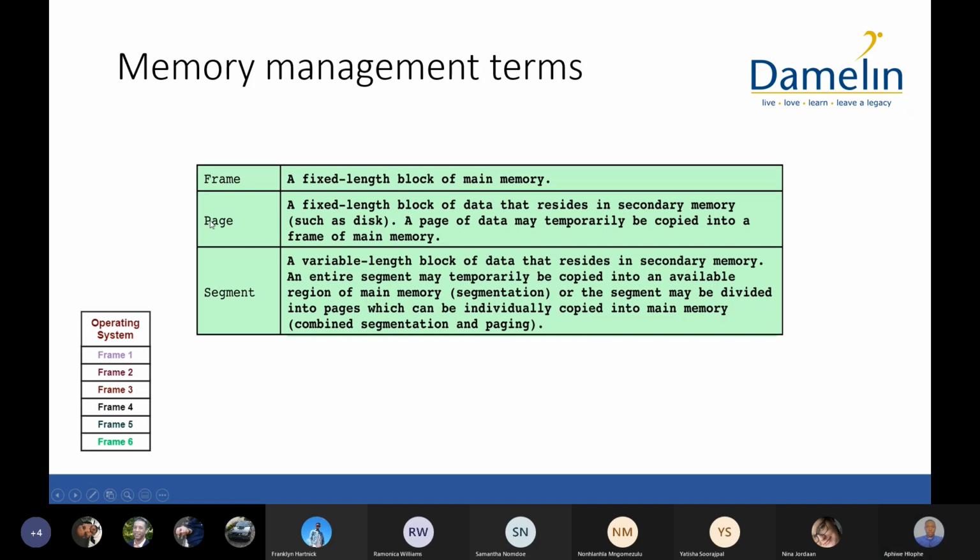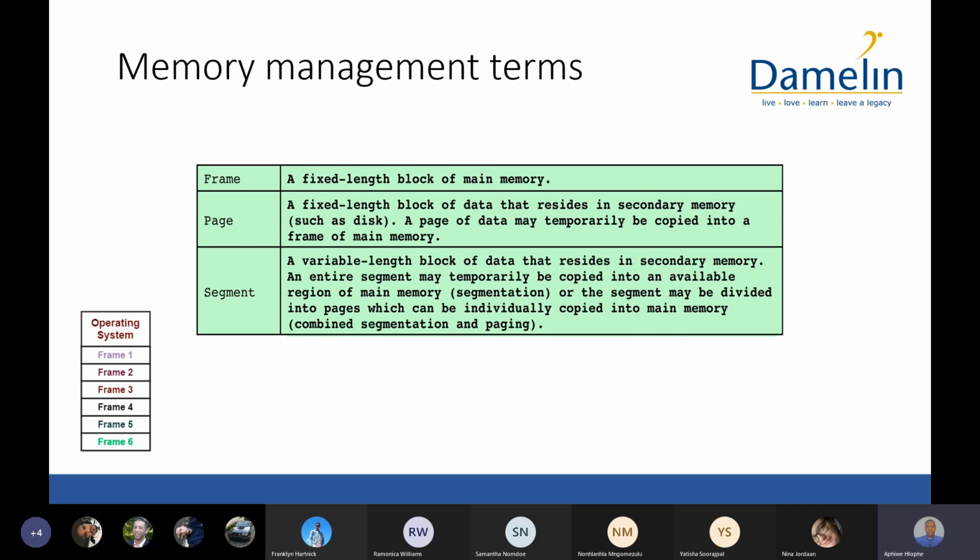And then when it comes to pages, what are pages? Pages are fixed length blocks of data that reside in secondary memory, such as a disk. A program of data may be temporarily copied into a frame of main memory. So as much as we take main memory and divide it into equal size fixed length block frames, we also do the same for processes that are awaiting execution.